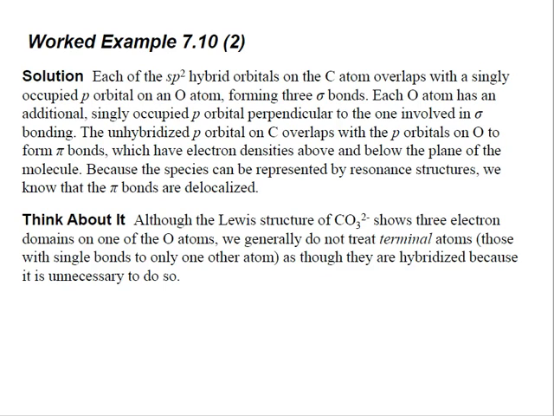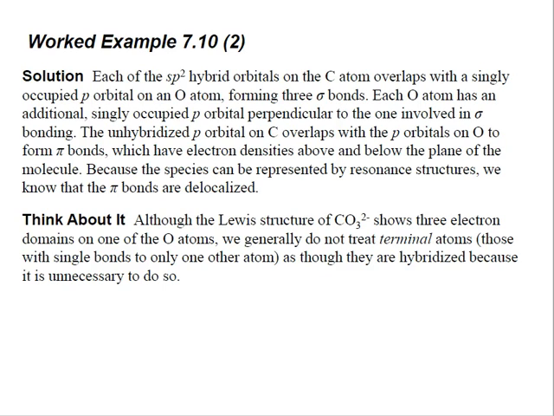Each oxygen atom has an additional singly occupied p orbital perpendicular to the one involved in the sigma bonding. The unhybridized p orbital on carbon overlaps with the p orbitals on oxygen to form pi bonds, which have electron densities above and below the plane of the molecule. Because the structures can be represented by resonance, we know that the pi bonds are delocalized.